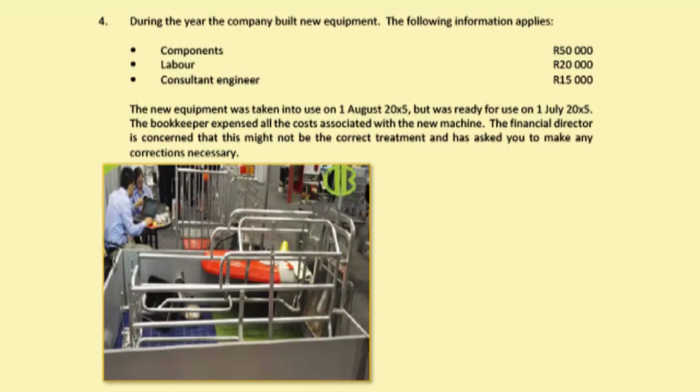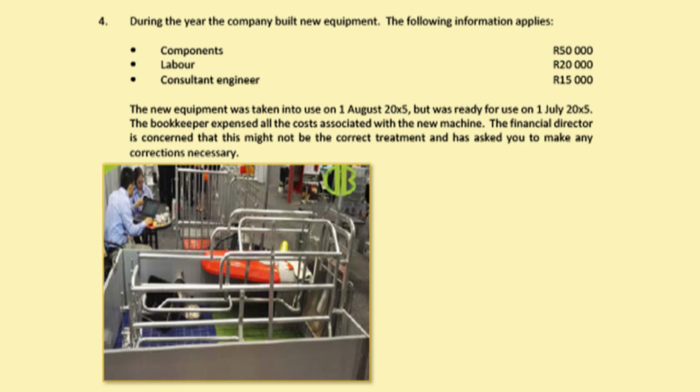Looking at figure 2, you see a machine there being assembled. So I took a machine of a piggery machine, and you see consulting engineers as it's being constructed. And you see a laborer working with a consulting engineer.